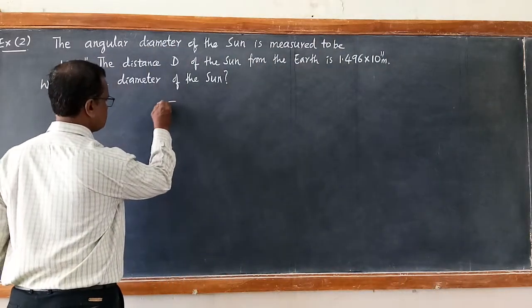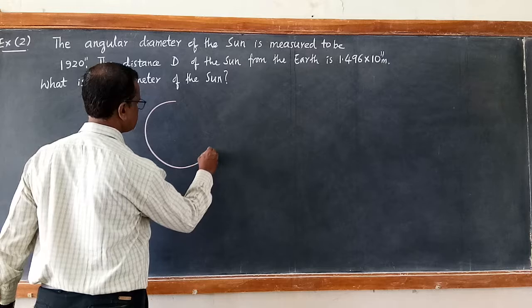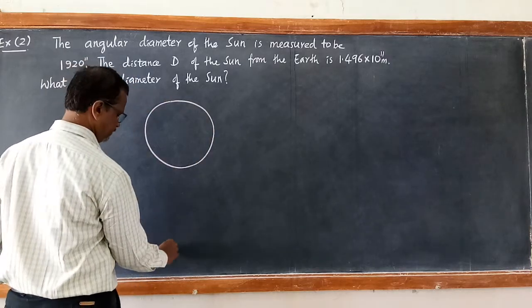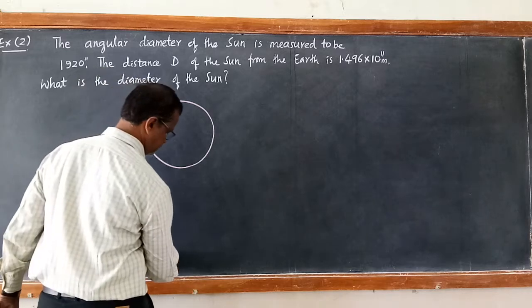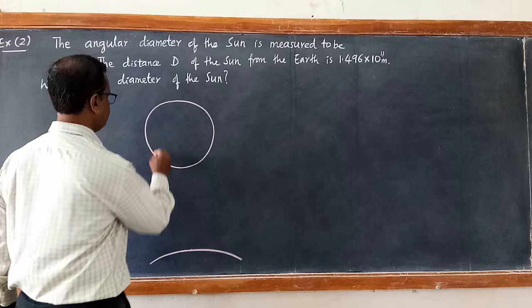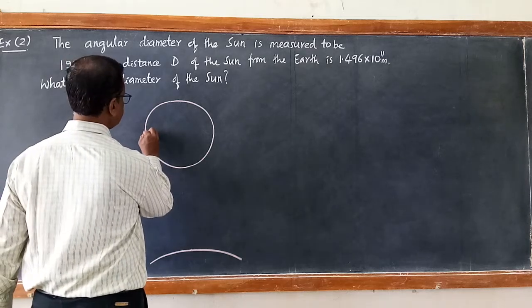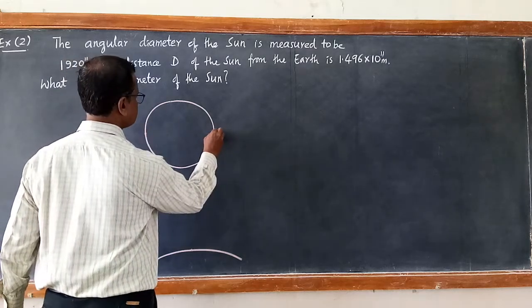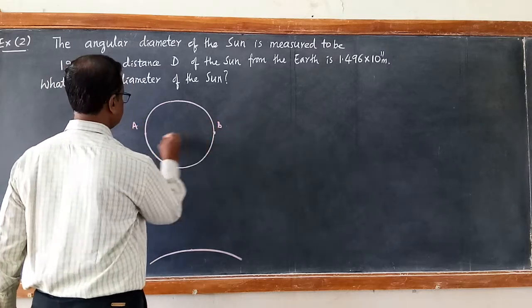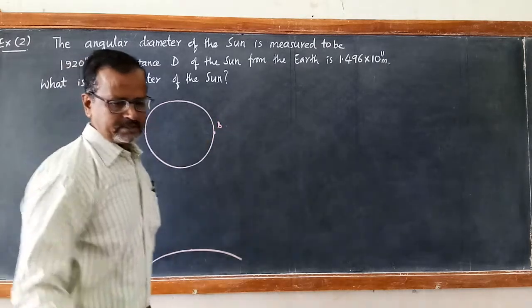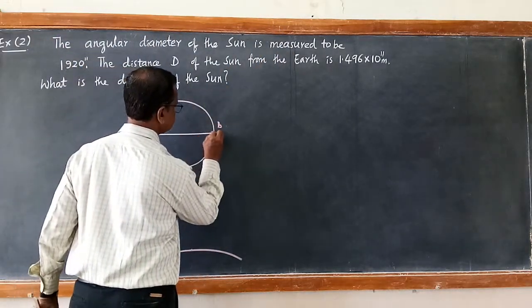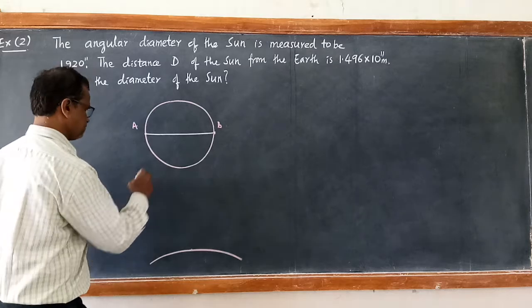If this is the sun, and if this is the point on the surface of earth, then you take the diametrically opposite points of the sun as A and B. Join this. This becomes the diameter.